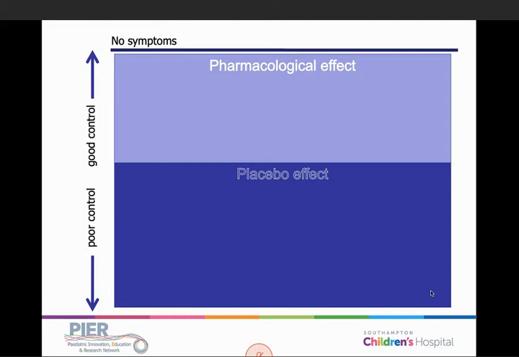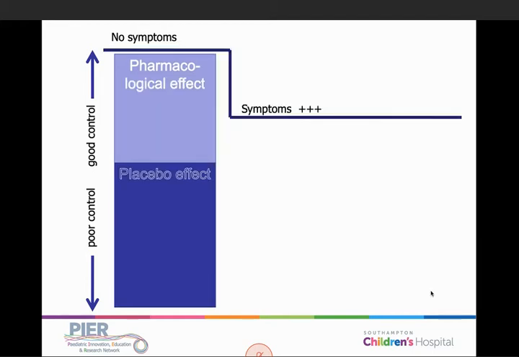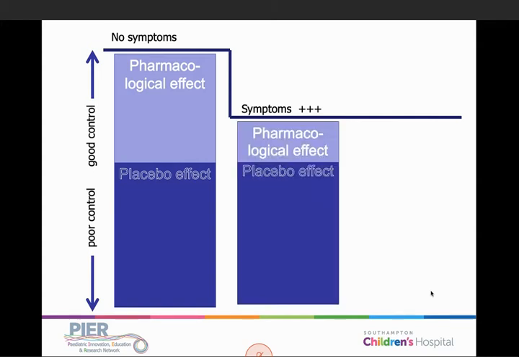So what happens if over time the patient goes on to develop symptoms? They become asthmatic. Well, our go-to thinking around that sort of scenario is that the drugs aren't working. We've had a loss of the pharmacological effect of the drugs in alleviating the asthma and controlling the symptoms. And therefore, our response to that should be to step up the treatment and to give more or alternative asthma medications to try to improve the patient.